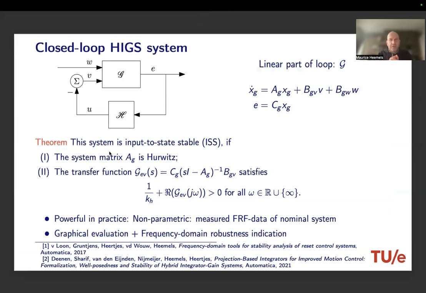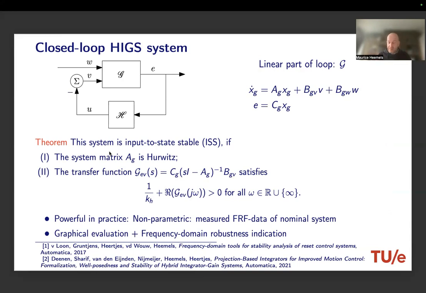Another approach that we are particularly interested in is motivated by the strong LTI loop shaping frequency domain controller design framework, which is very powerful and actually loved in industrial practice.